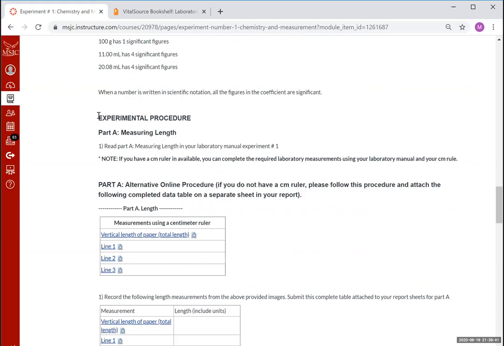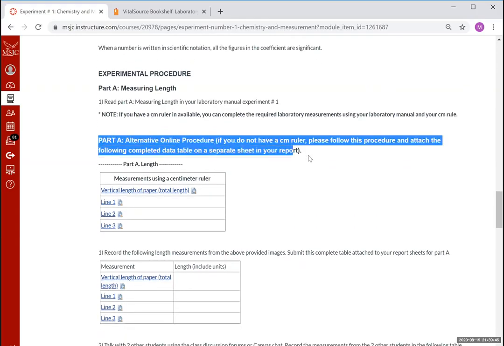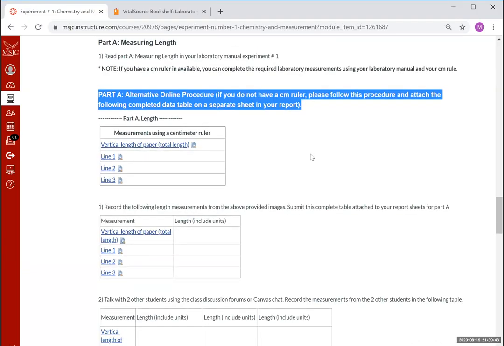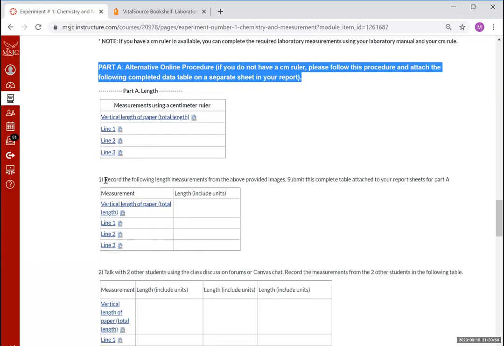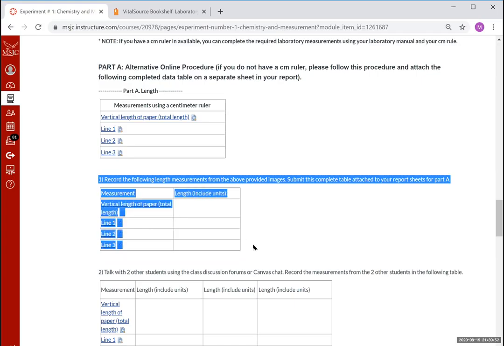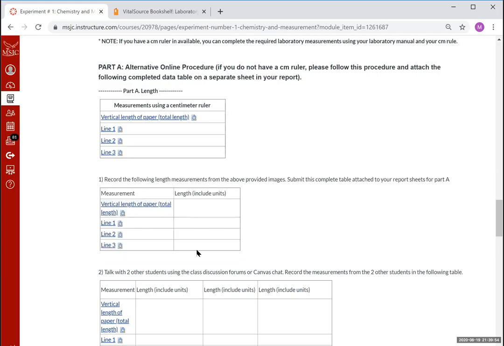And then I have a procedure section. So for part A, I have given you an alternative procedure. You're going to take a series of measurements and enter your measurements into this table. This table is what you're going to attach and submit as part of your report.